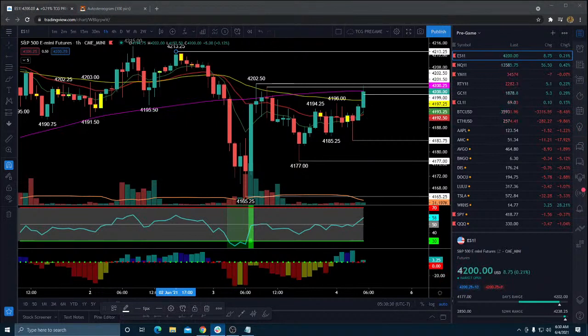Consensus was 671K and it was 559K. So we were just slightly short, but we didn't miss as bad as last month. So let me paste the number here. Non-farm payrolls, 559,000. Consensus was 671,000. So a slight miss. Unemployment rate, 5.8. So on unemployment rate, we beat consensus.